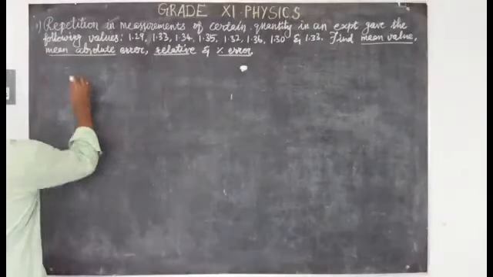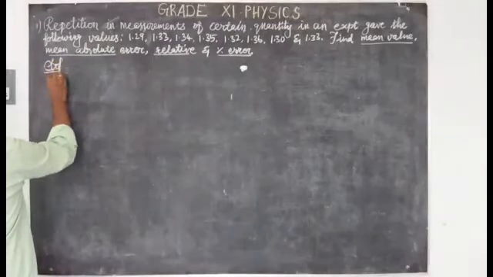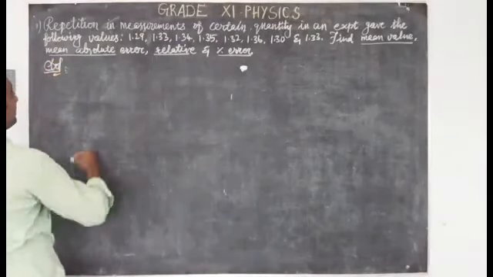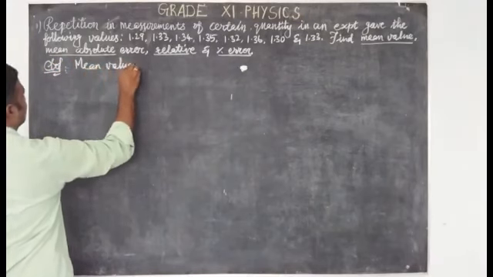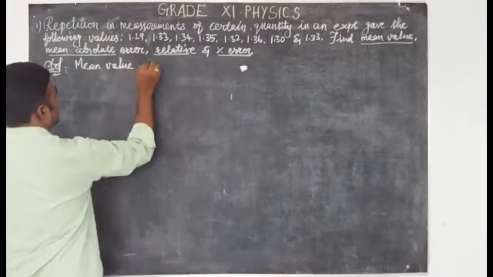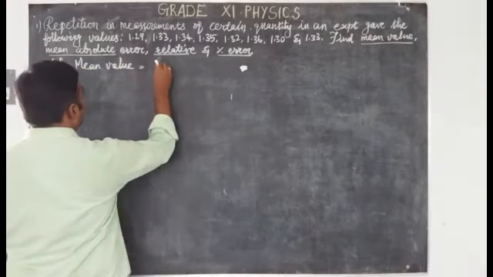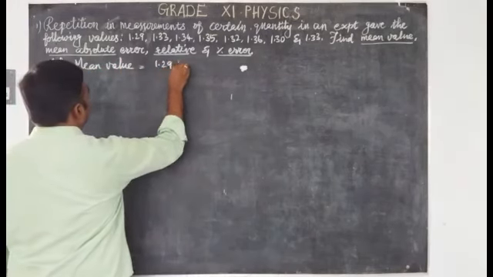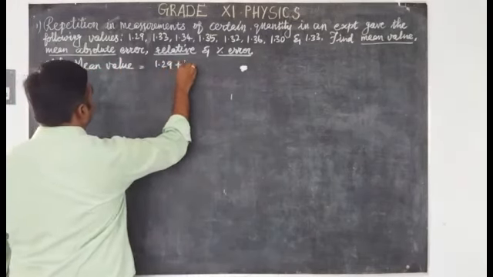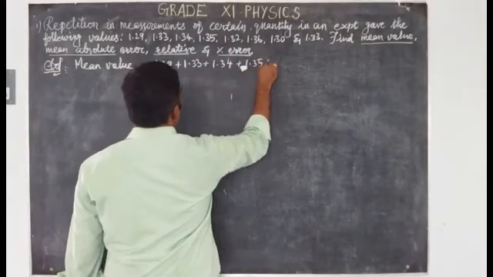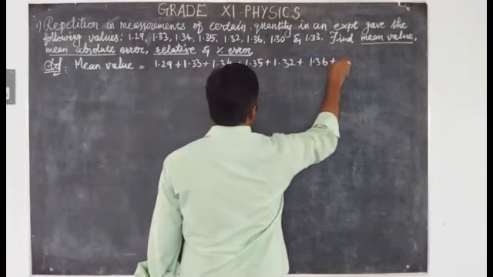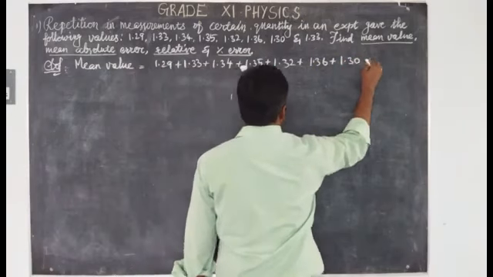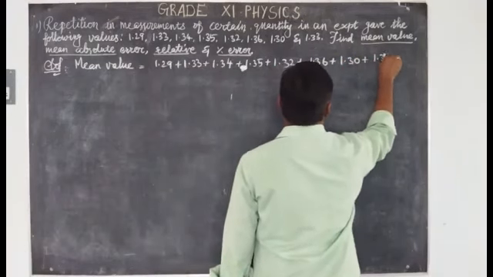Okay, so how to do this? Listen, first we need to find the mean value. The mean value is the sum of data divided by number of data, no? So add all the data: 1.29 plus 1.33 plus 1.34 plus 1.35 plus 1.32 plus 1.36 plus 1.30 and 1.33.